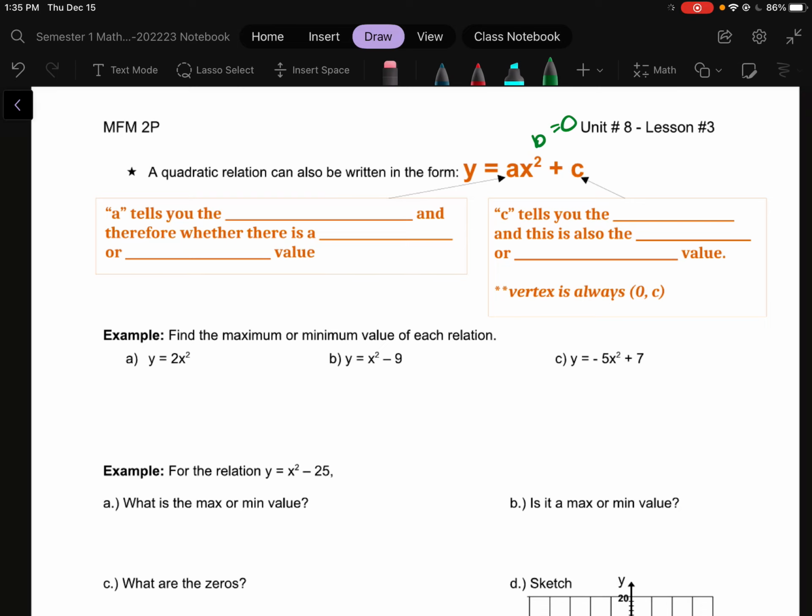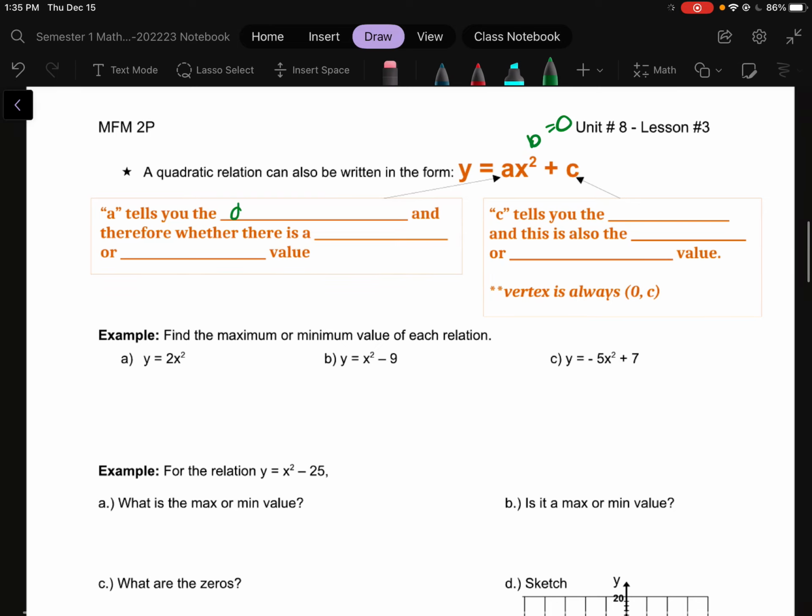So a tells you the direction of opening, and therefore whether it is going to be a max or a min value, and then the c tells you the y-intercept, and if it's also going to have a max or min. Remember, the vertex is always (0, c), because b is also 0.